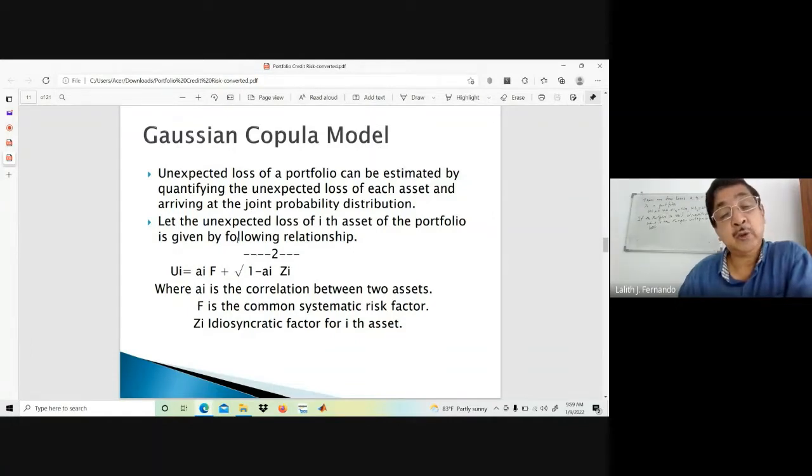Now, this copula thing is a new innovation. Now, here it is discussing about the unexpected loss of a certain asset or certain loan. Now when you say AI is the correlation between two assets, F is the common systematic risk factor, and ZI is the idiosyncratic factor for the ith asset.